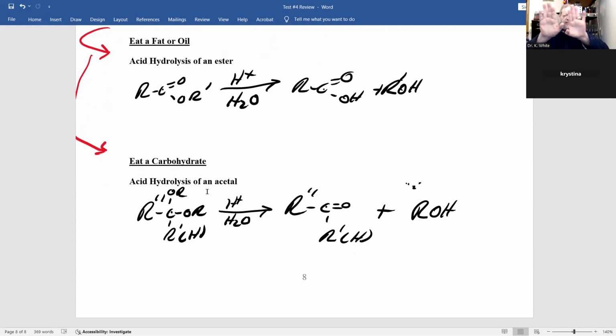The linkage holding the starch carbohydrate together is an acetal. Acid hydrolysis, remember water and acid in your stomach, acid hydrolysis of an acetal. And the general reaction is, if you take an acetal or ketal, R prime can be H or carbons, acid and water, you get back the aldehyde or ketone plus the alcohol you would have used to make that.